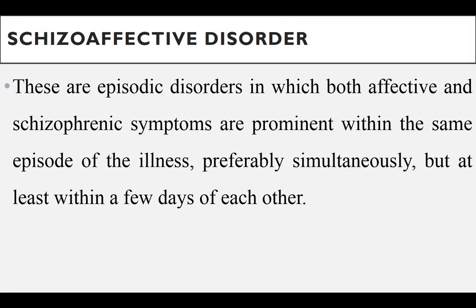Affective means affect, right? These are episodic disorders in which both affective and schizophrenic symptoms are prominent within the same episode of the illness, preferably simultaneously, but at least within a few days of each other.